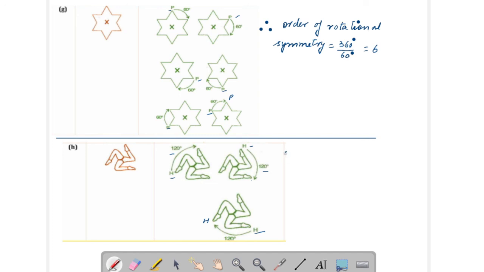Therefore, order of rotational symmetry equals 360 degrees divided by 120 degrees. If you divide it, you will get 3. Therefore, order of rotational symmetry in this case is 3.